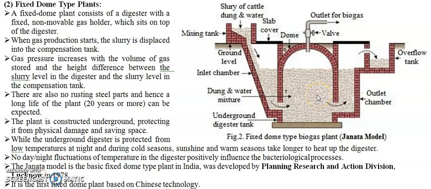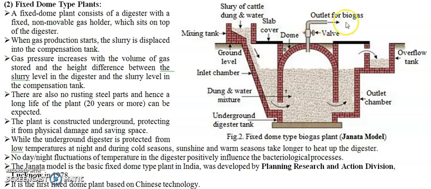One is biogas, which is collected in the upper portion of the dome, and the second is the leftover organic matter, which can be used as manure in the crop fields.